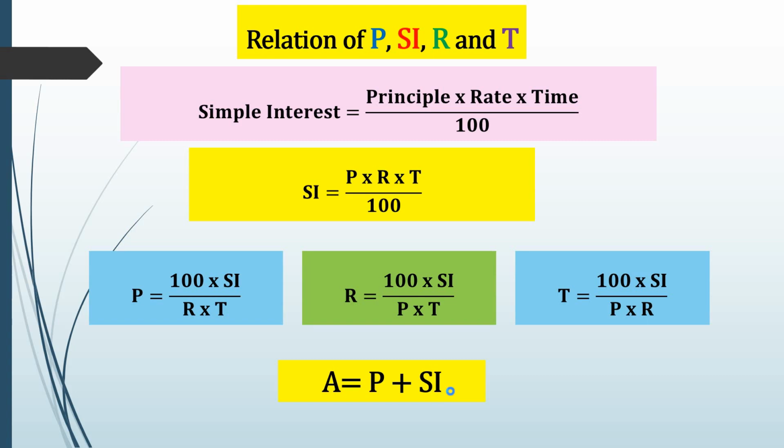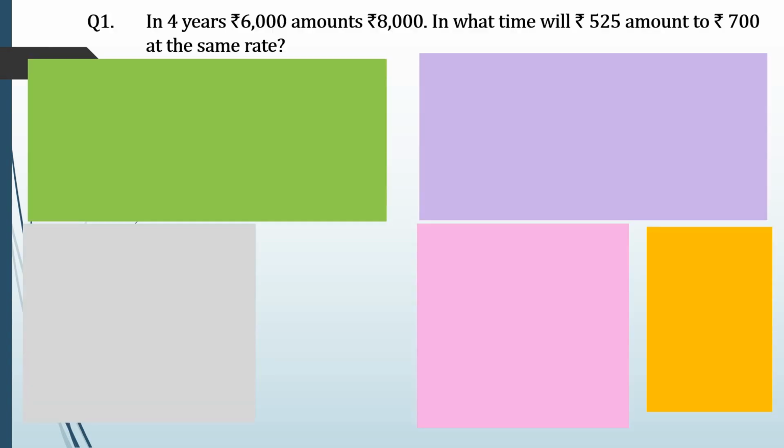Let us start our first question. Question number 1. In 4 years, rupees 6,000 amounts to rupees 8,000. In what time will rupees 525 amount to rupees 700 at the same rate?